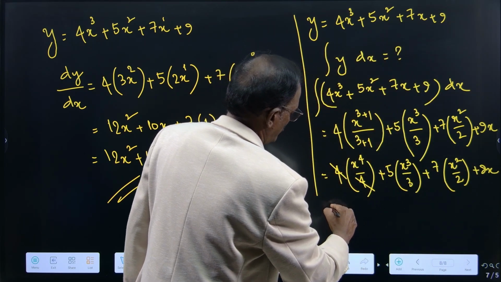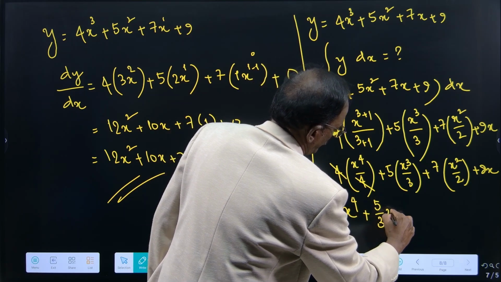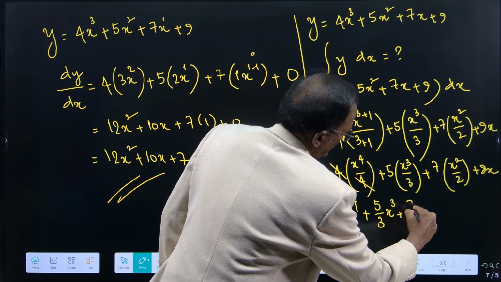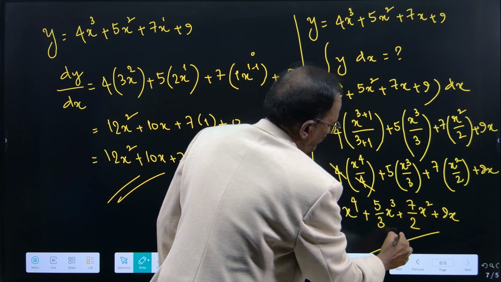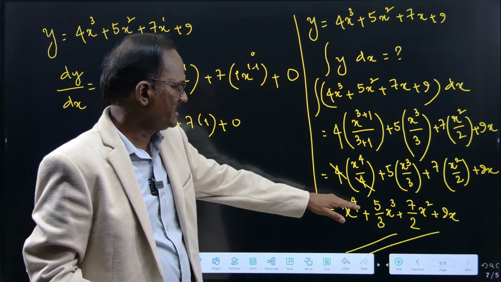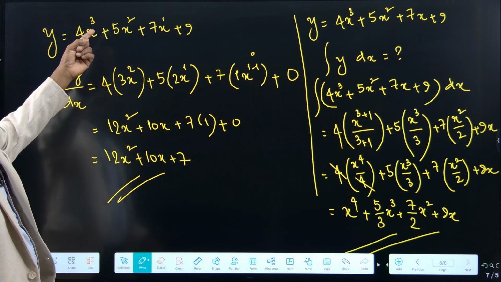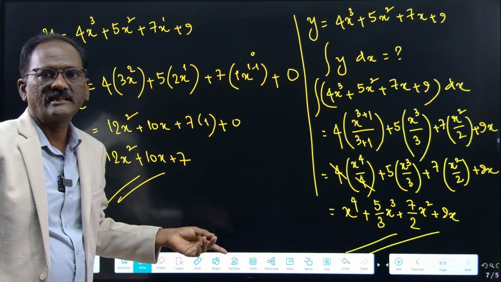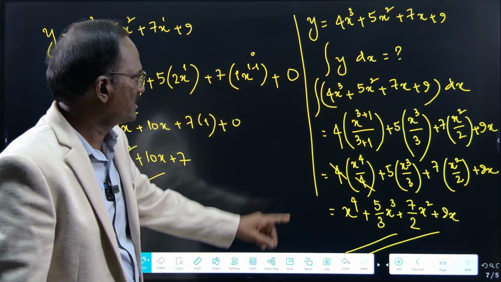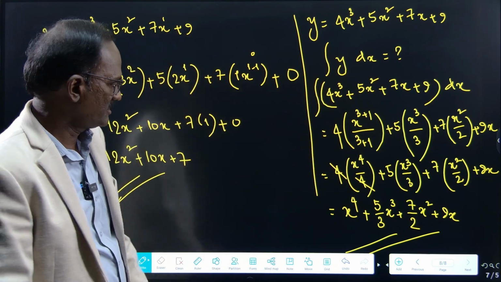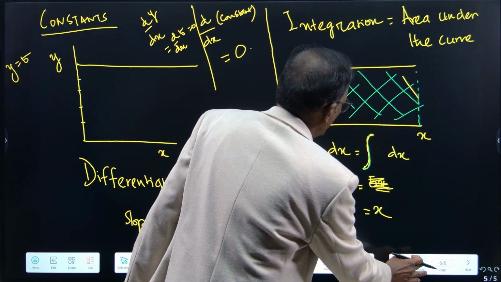So the 4 can be removed: x power 4 plus 5 by 3 x cube plus 7 by 2 x square plus 9x. This will be the answer. If you take differentiation of it, you will get this value. If you integrate it, you will get this value. But here we have not added the constant of integration because we have taken it simply without limits, right? So this is a simple topic that I wanted to discuss with you in this video lecture.